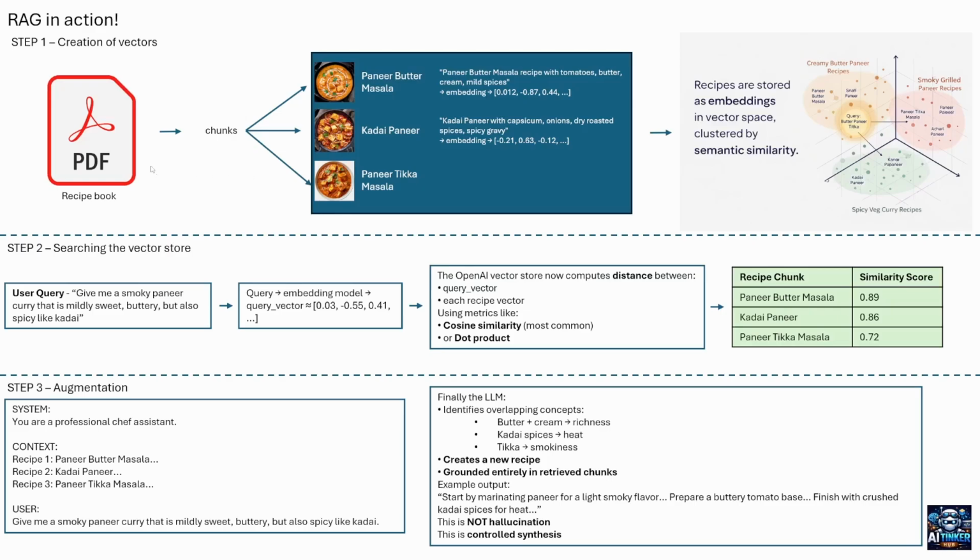To handle that problem, we break the PDF into multiple sections of text, commonly referred to as chunks within the RAG terminology. Let's say this recipe book is broken down into chunks, and each chunk represents one recipe. Paneer butter masala could be one chunk, kadai paneer could be another, paneer tikka masala could be the third chunk, and so on.